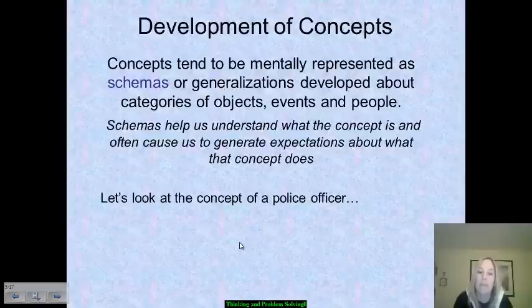Now, another thing to keep in mind when it comes to how we develop our concepts of things: we typically represent concepts within our mind as schemas. A schema is just a generalization that we develop about things or events or people or objects or certain categories. So schemas help us understand what a concept is, and enable us to generate expectations about what a concept does.